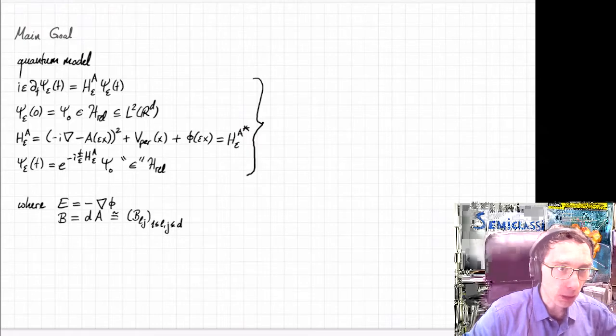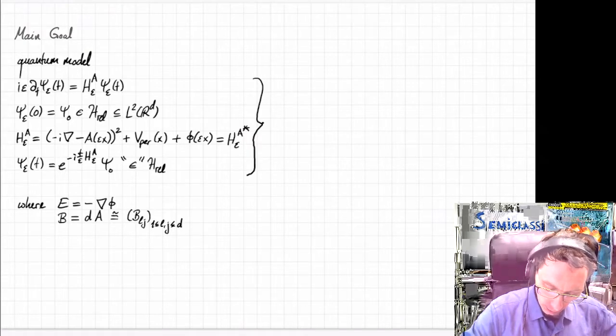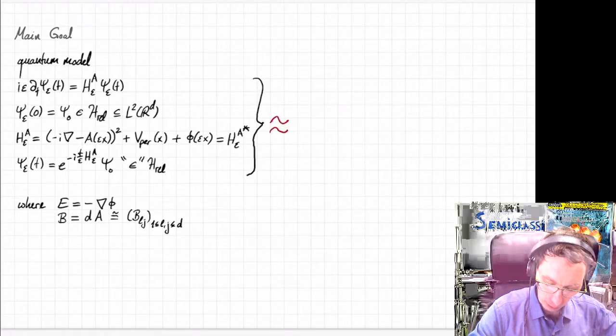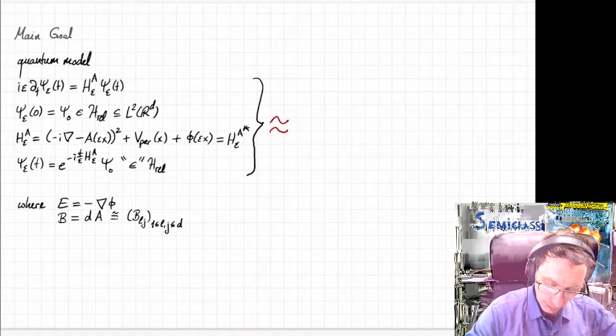So these are the quantum equations, and the claim is that these can be approximated by semi-classical equations.